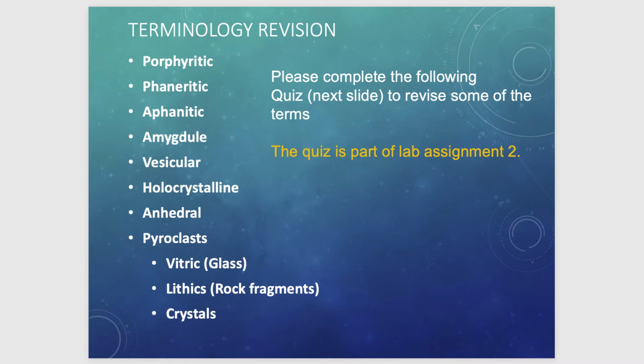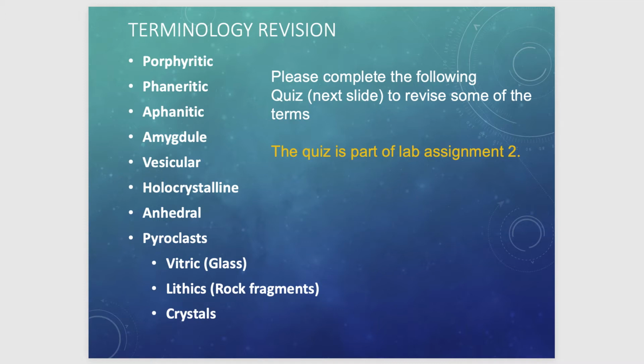So vesicular is quite often added as a prefix to a basalt to indicate that it does have a significant amount of vesicles, which are quite visible, and this is a good indication that you had a lot of gas separating off the magma.